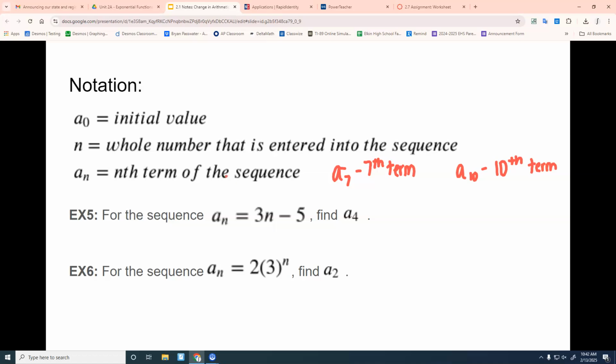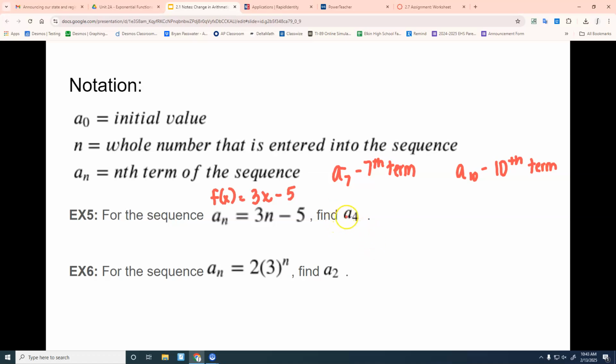Whereas if I think of this as f of x equals 3x minus 5, that would be a function, and you could plug any number into it. So you could plug 2.7 into this function, but in a sequence you cannot plug a decimal in. It has to be only whole numbers.